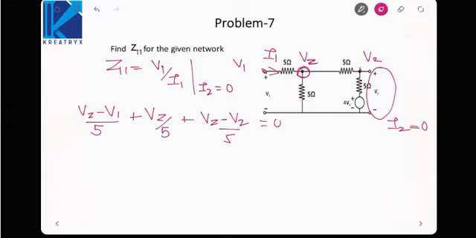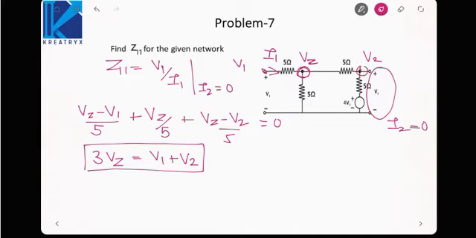This is equal to 0. That is, if I multiply the entire equation by 5, what I will get? 3Vz equal to V1 plus V2. Okay. That is our first equation.